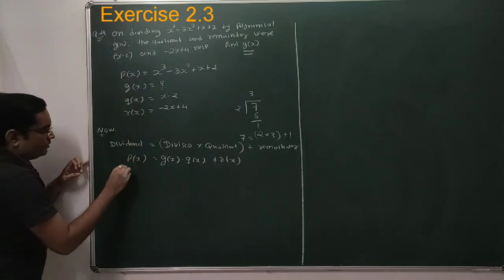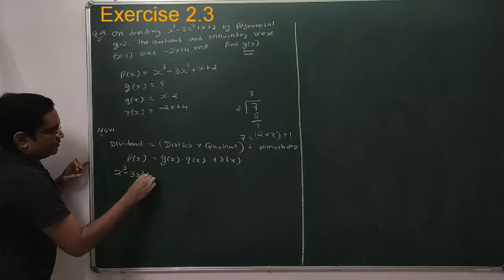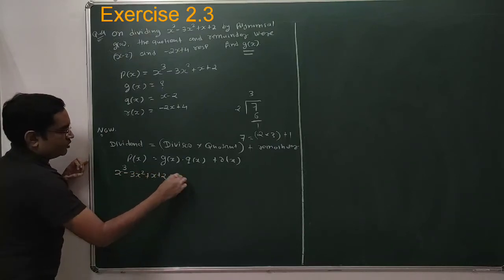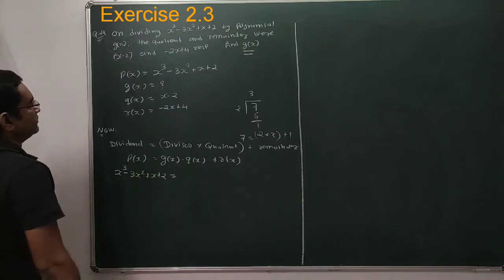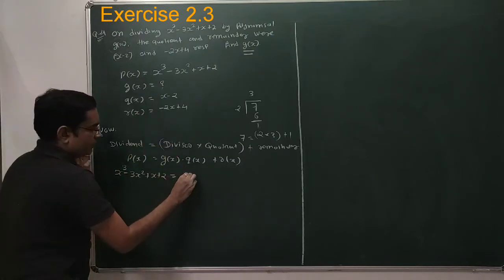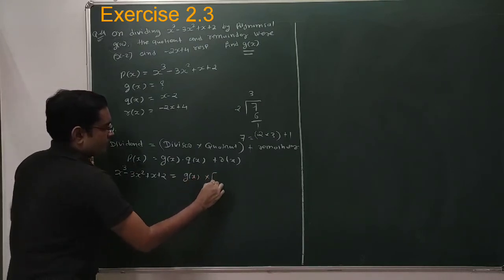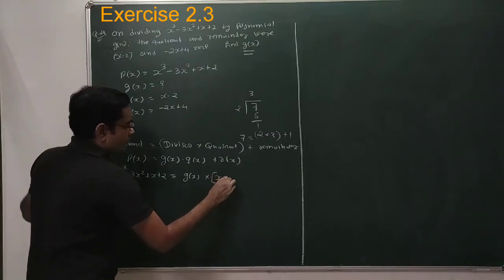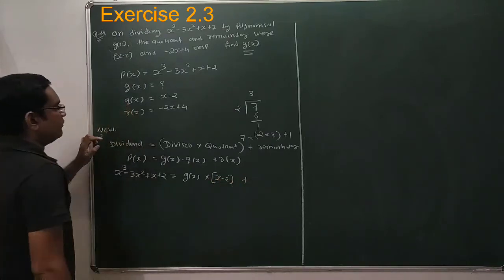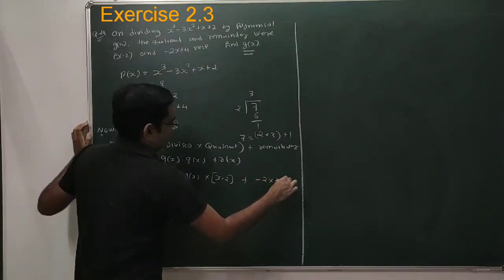It is x cube minus 3x square plus x plus 2, equal to g of x, which is not given, into q of x, which is x minus 2, plus r of x, which is minus 2x plus 4.